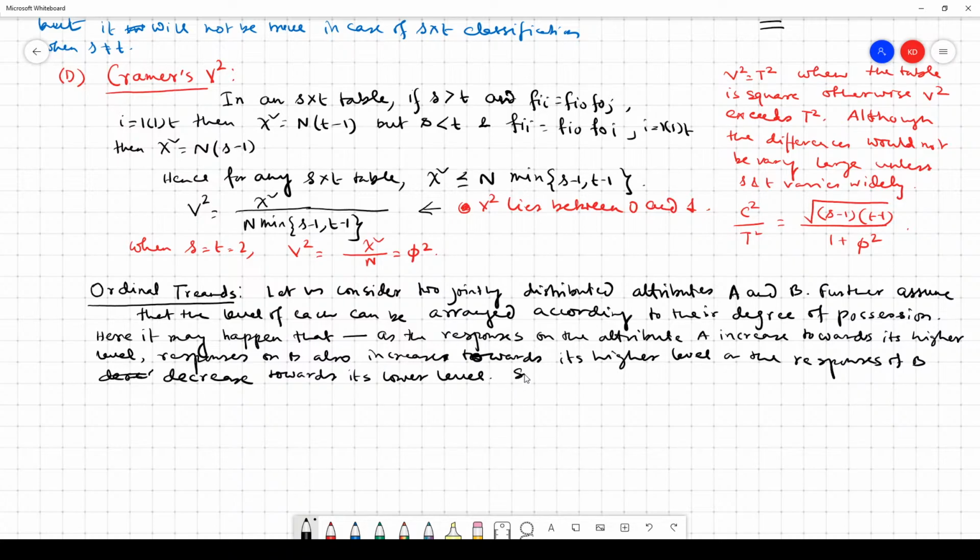Such type of association is often called a monotone trend association.